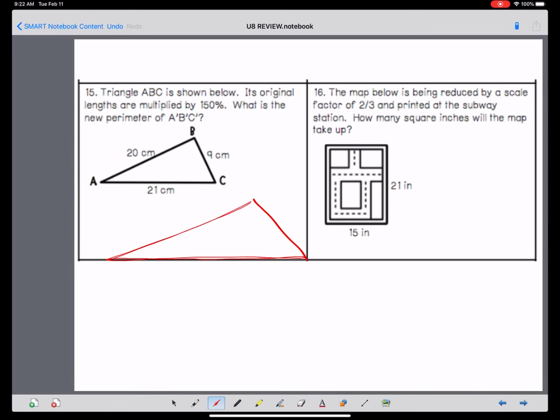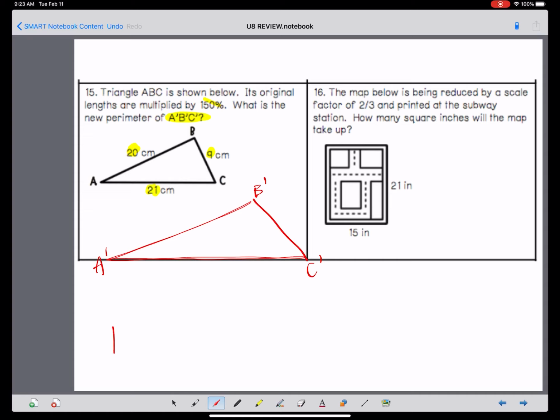We're going to be making a newer, bigger, better triangle, and these are what the angles are called. We talked about this briefly, that when you create a new shape, you call them by this name up here. We just put a little apostrophe up above to show that it's the brand new image. Okay, so the question is, they're taking your original lengths of 20, 21, and 9, and you're going to multiply it by 150%.